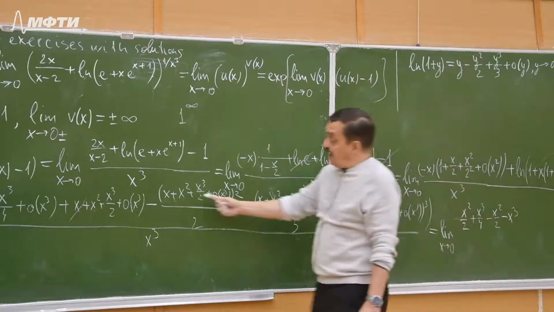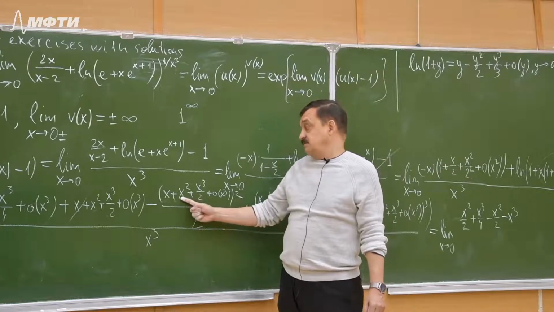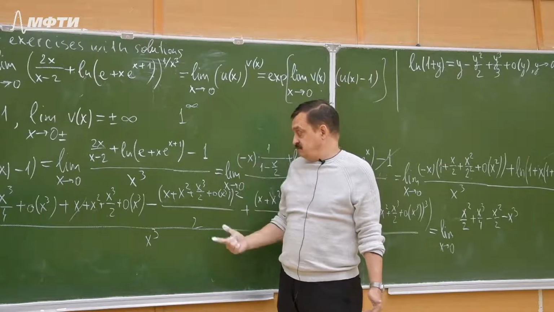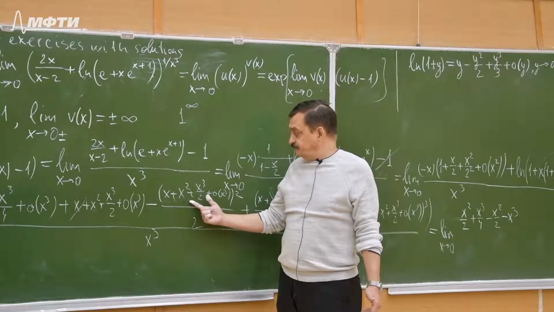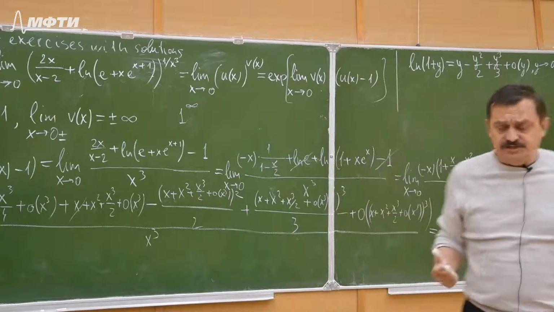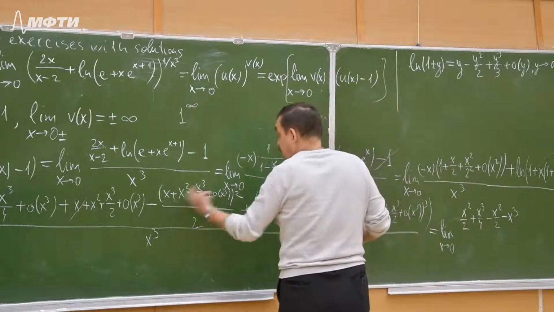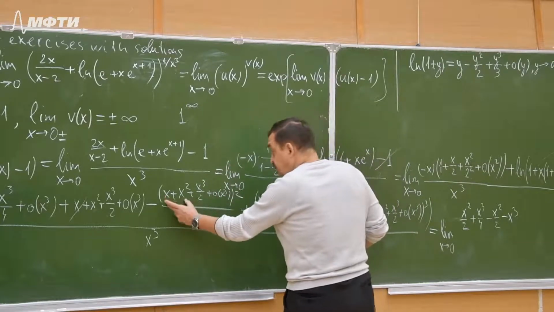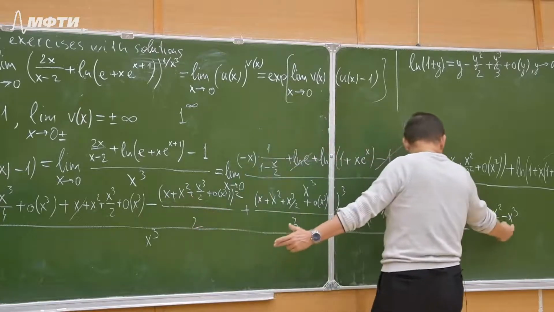But all other terms here in square. So square of x squared is x power 4, degree is greater than 3. All other double products also have larger powers. So we have just two terms from this, minus x squared over 2 and minus x cubed.